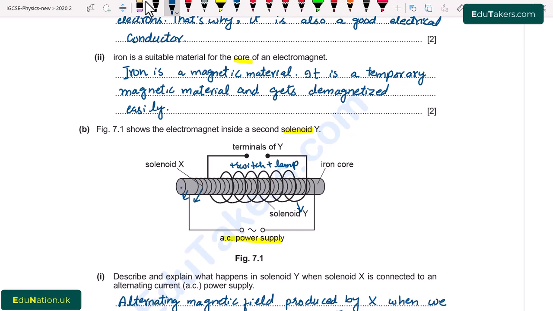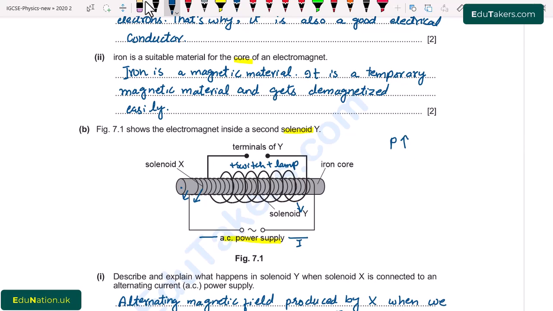The current will start flowing. When the lamp is on, it will require more power in solenoid Y, so power required in solenoid Y will be larger.